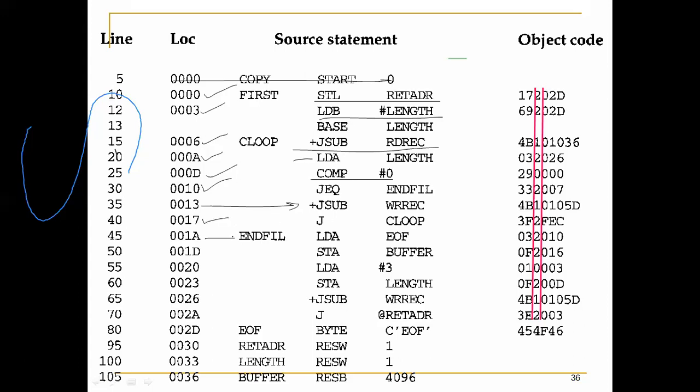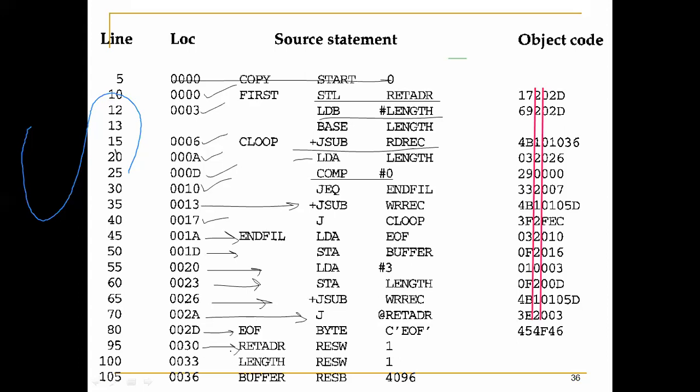Then 001A plus 3, 001D. Once again, 3-byte, 3-byte. Okay, so here we have an extended format instruction. So 26 plus 4. So 6 plus 4 is 10. So 002A return address. Okay, and then simple instruction. So 002D. EOF is once again 3 bytes. So D plus 3.